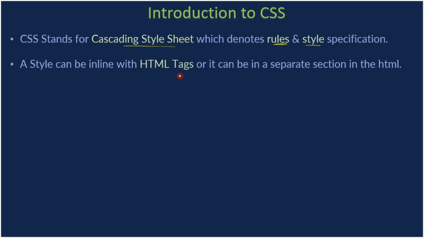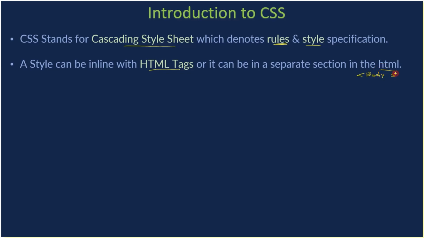Style can be in line with HTML tags, or it can be in a separate section in HTML. So when you are writing the HTML, in the tag itself you can specify the style. Say for example, let's state that you have a body tag.